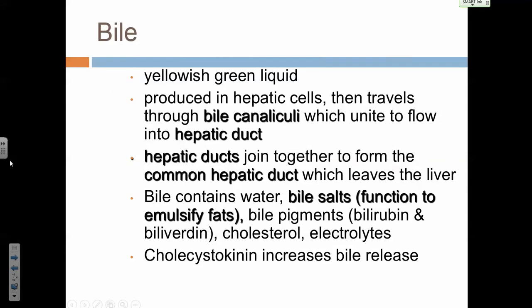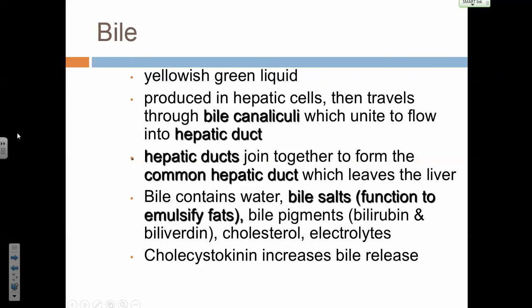Okay, so what is bile? Bile has a lot of things in it. Mostly it's just waste products from all those metabolic activities. Do you also recall that back when we did the blood chapter, the liver is one of the main places in the body that breaks down old red blood cells?